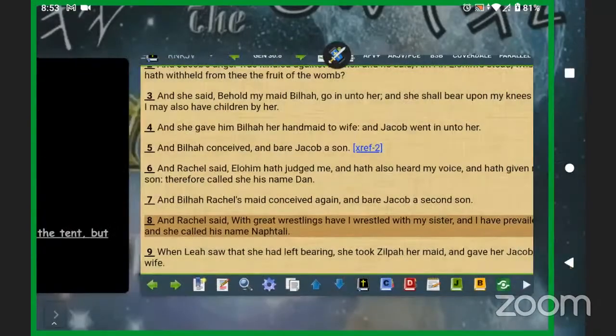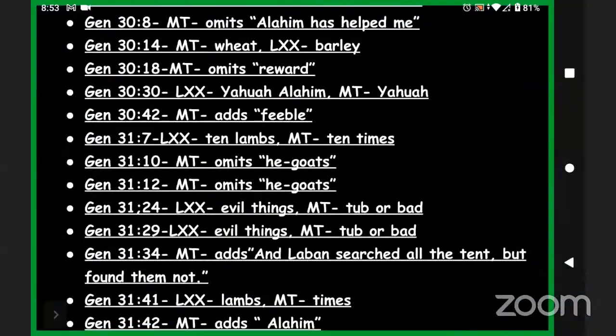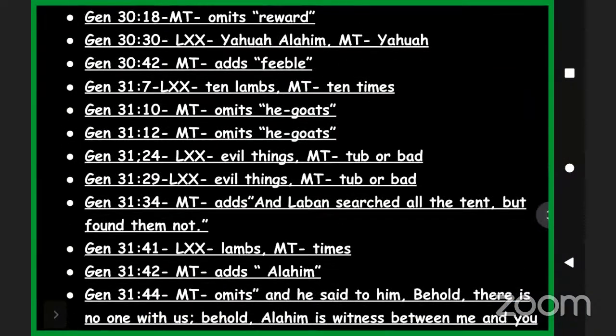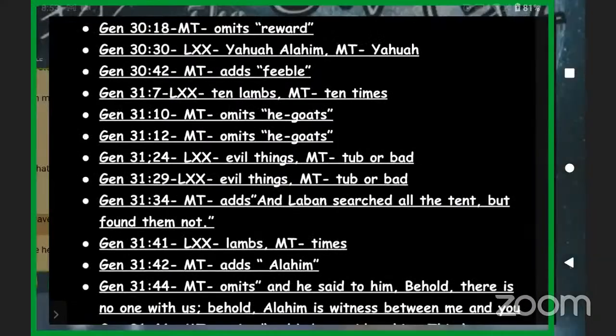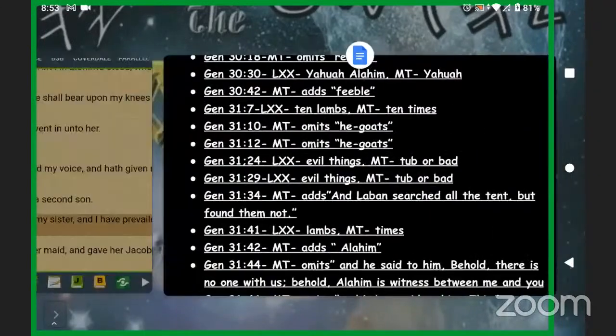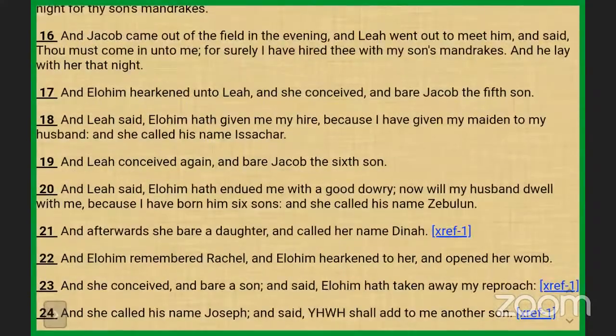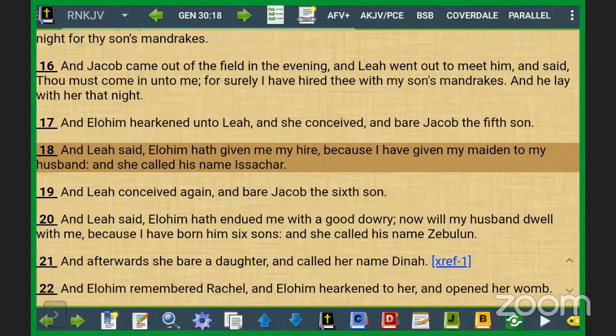Now we're going to go to chapter 30, verse 18. Masoretic text omits "reward" here. The Masoretic text says, "And Leah said, Elohim has given me my hire because I have given my maiden to my husband, and she called his name Issachar."